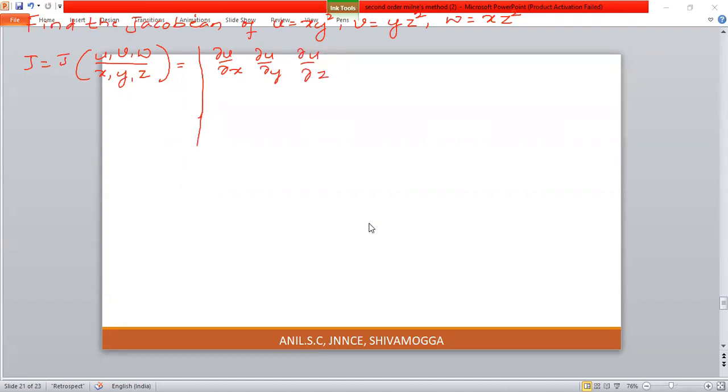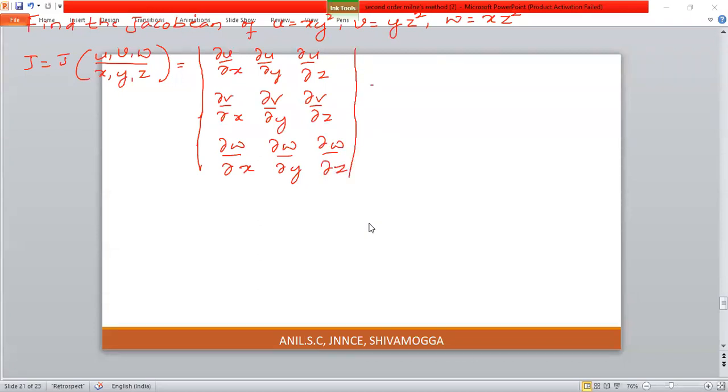Second row is del v by del x, del v by del y, del v by del z. And the third row will be del w by del x, del w by del y, del w by del z. Now make the proper substitutions.